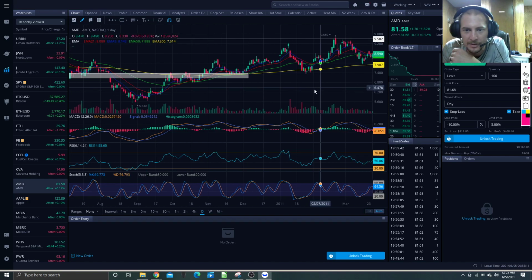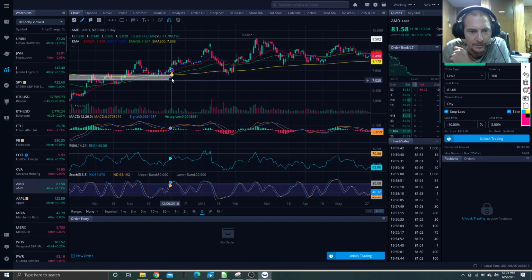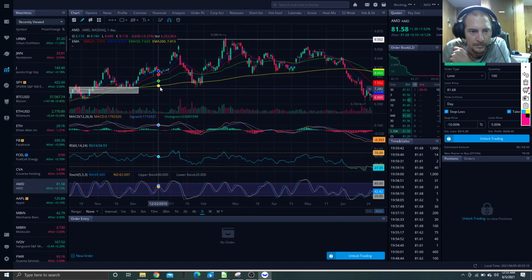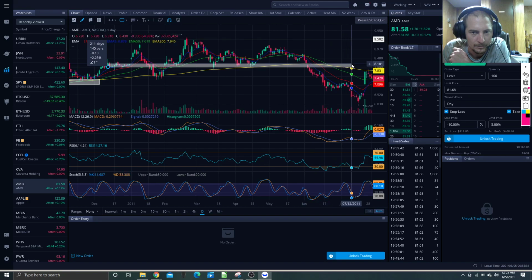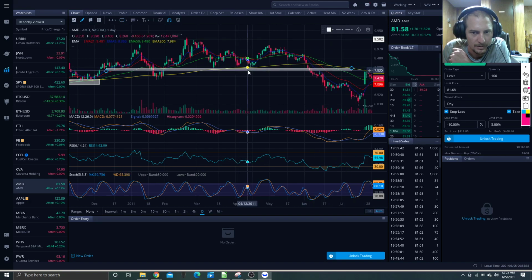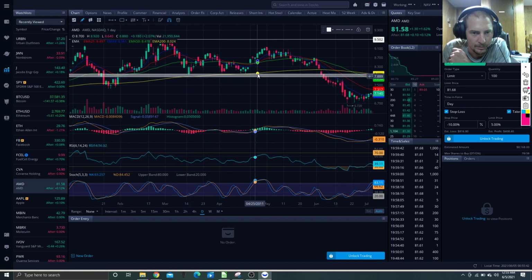Let's keep going and just look for a couple more examples. There's another breakout. So here is this level for the last several trading sessions. This is a strong support level.